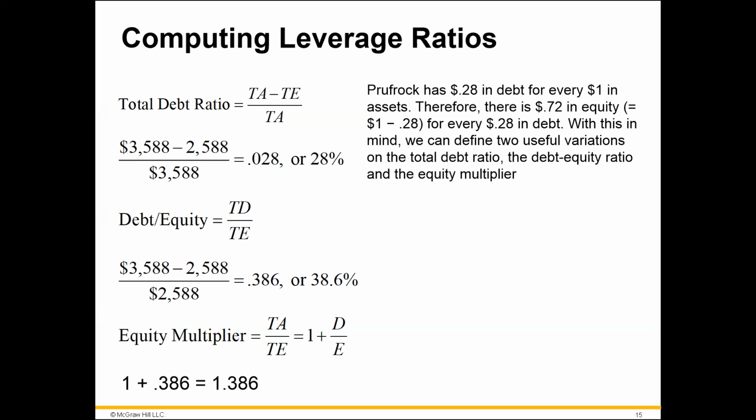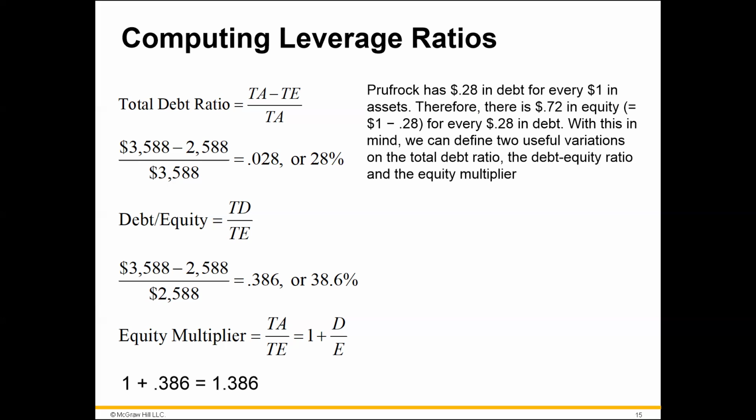And also we can get another ratio, the equity multiplier, which is defined as total assets over total equity, which is equal to 1 plus total debt over total equity, right?